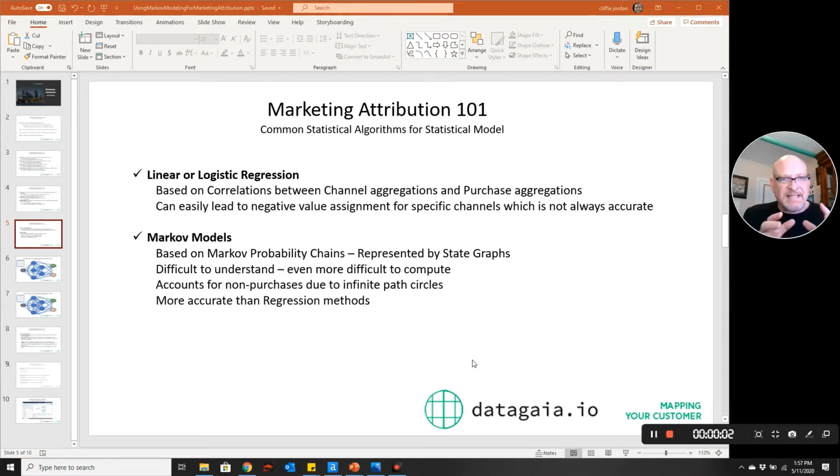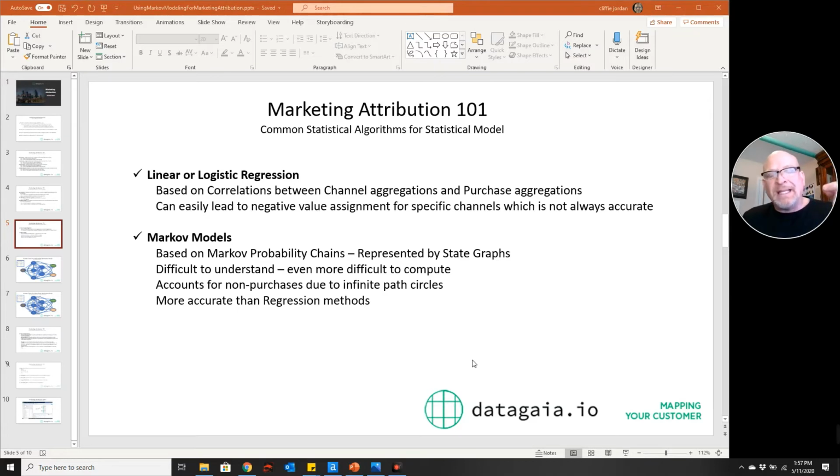For the statistical method of doing marketing attribution, there are two basic types of algorithms that are commonly used. One is a regression, and it could either be a linear or a logistic regression, and the other is Markov models.